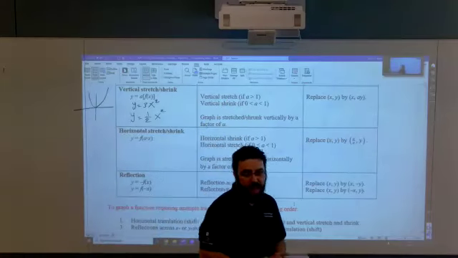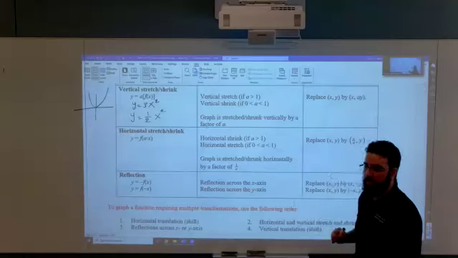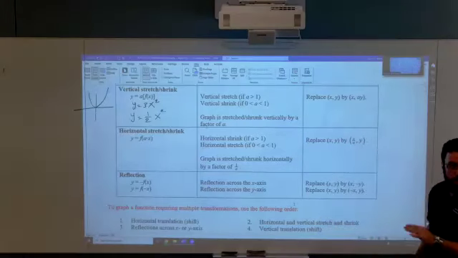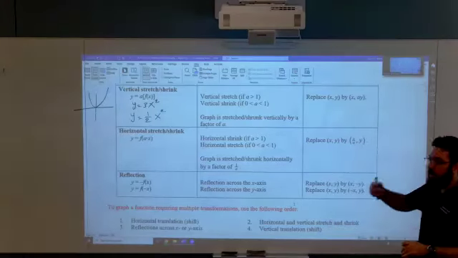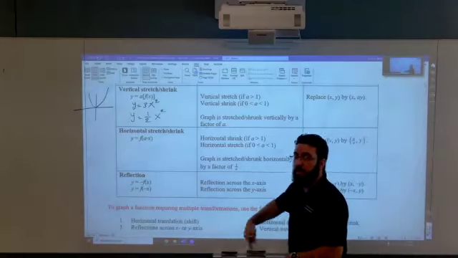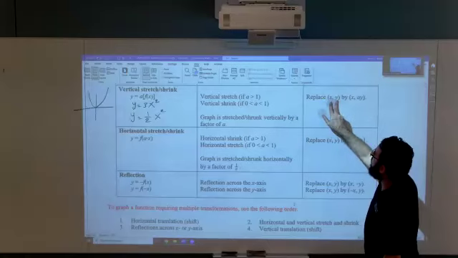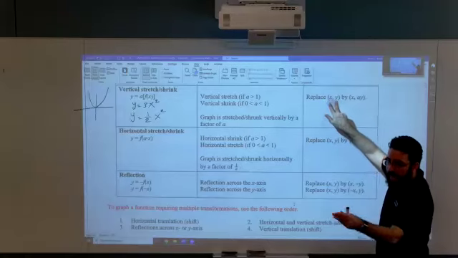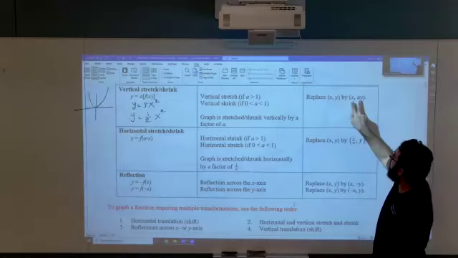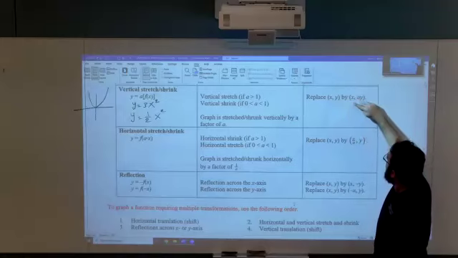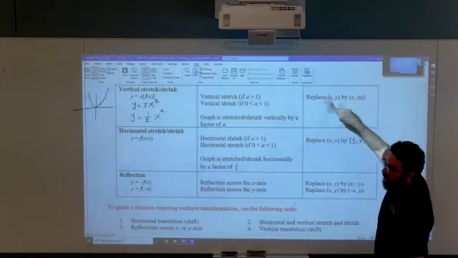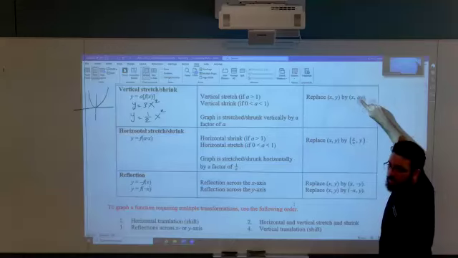The important thing, how are we going to do that on the graph? Remember, the first thing, we're going to graph the basic function. So I'm going to graph the basic function based on the points we have, okay? Then what I'm going to do, keep the x, replace what?